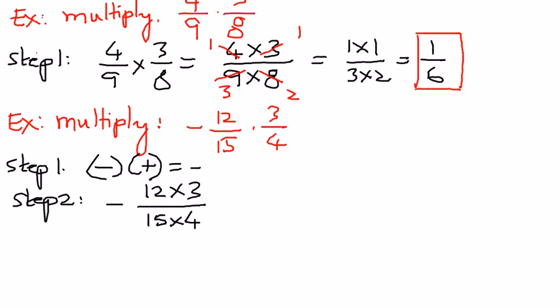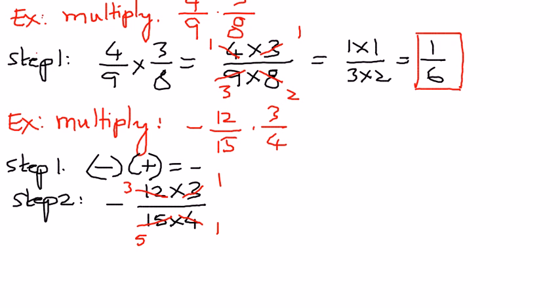We're going to recall some of our times tables. So I have a 3 in the numerator and I have a 15 in the denominator. 3 times 1 is 3, 3 times 5 is 15. So 15 is a multiple of 3. Again, 12 and 4. 12 is a multiple of 4, so 4 times 1 is 4, 4 times 3 is 12.